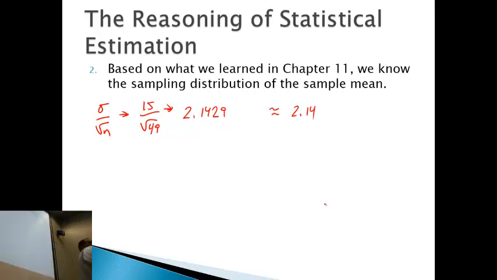So again, in chapter 11, you learned, don't just take the standard deviation of 15. You have to look at 15 relative to its sample size with the square root of n involved. So now X bar has a normal distribution, maybe like 100 and 2.14.